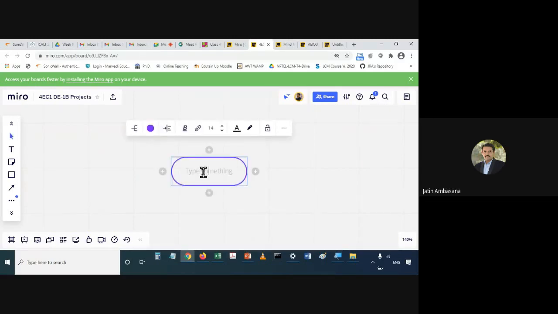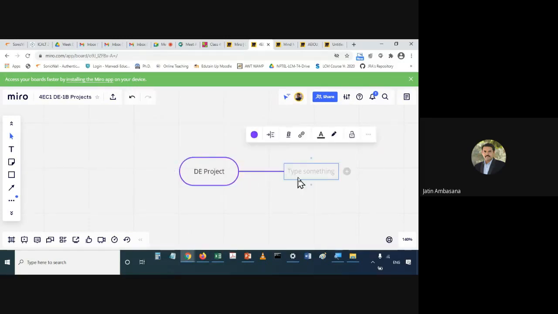I'll put DE project. Then I'll click on plus over here, and it will give me one branch. What do I have to type? So in DE project, you have to basically focus on various canvases.